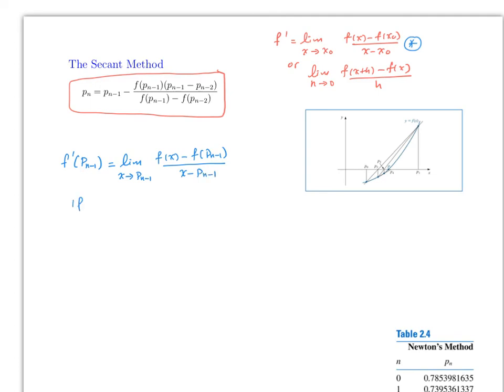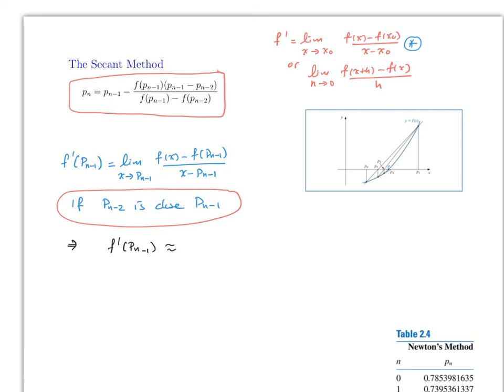Now, if p n minus 2 is close to p n minus 1, and this is an if, then we can say the derivative at p n minus 1 is approximately equal to the slope, which is what I just told you a few minutes ago.